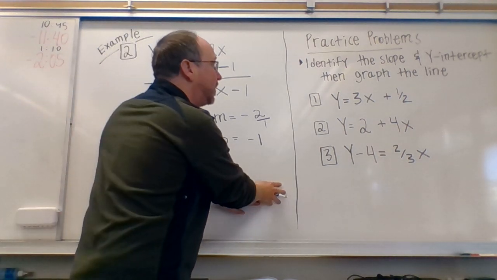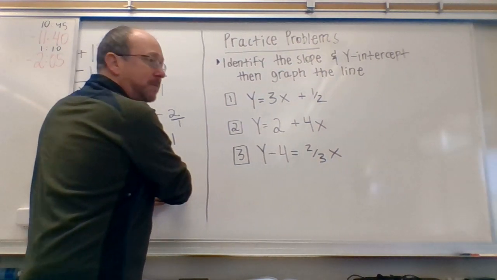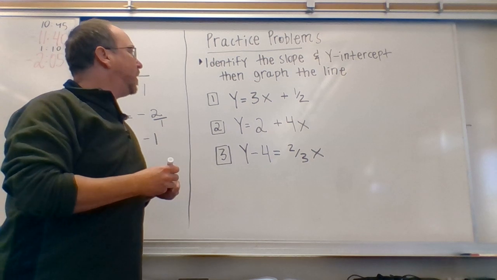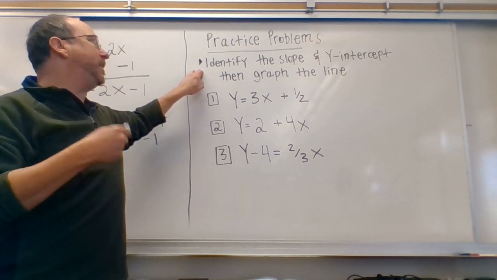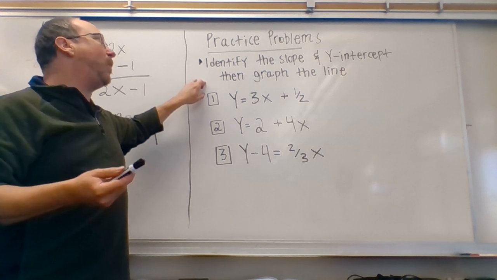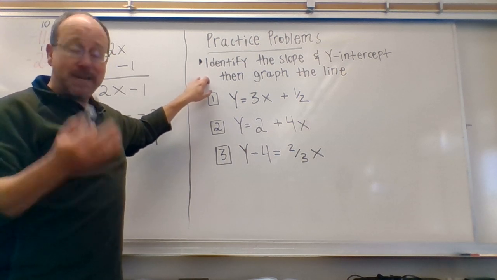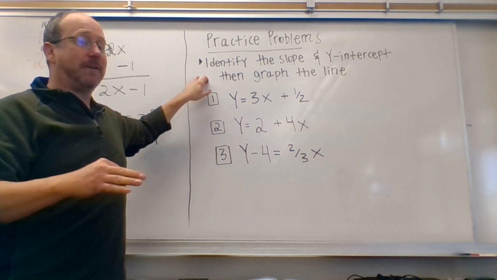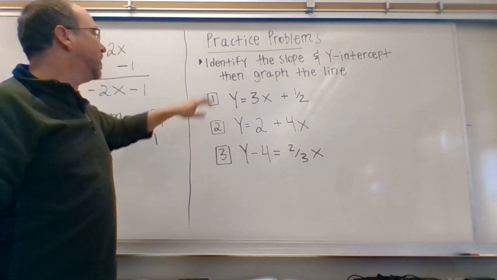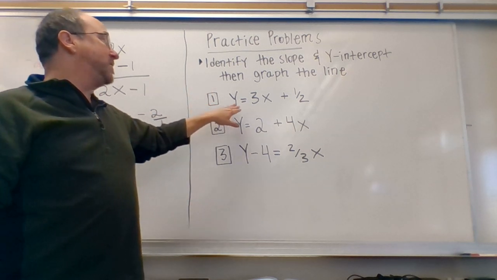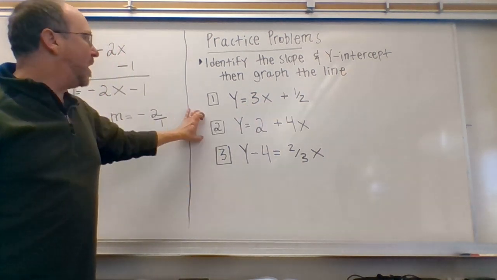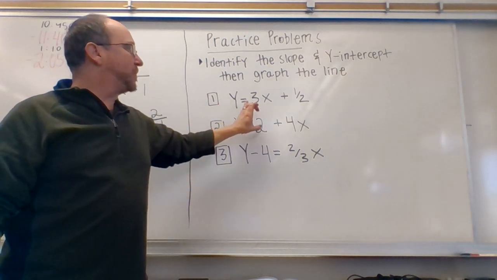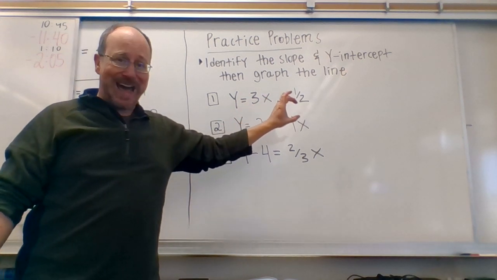So here we've got the practice problems. You want to identify, as we did here, you should be writing down the slope, writing down the y-intercept, creating a graph, and putting the line on the graph. So kind of 3 parts still. Number 1 in slope-intercept form is y equals 3x plus 2. Number 2, y equals 2 plus 4x.